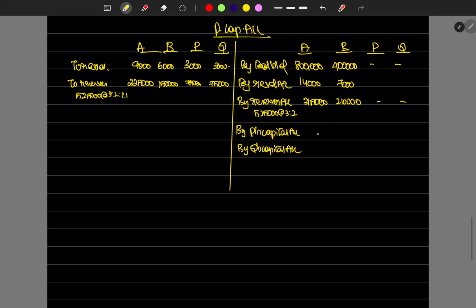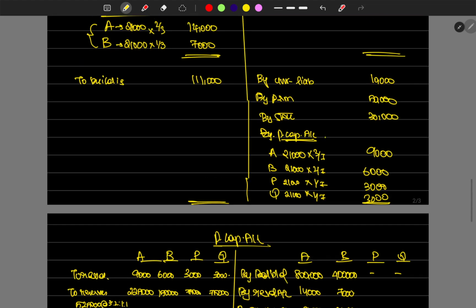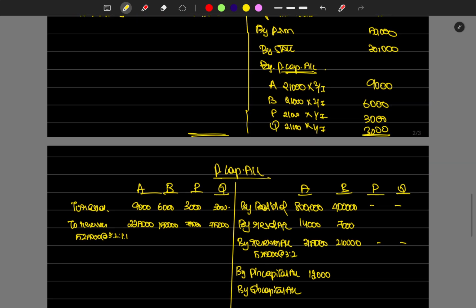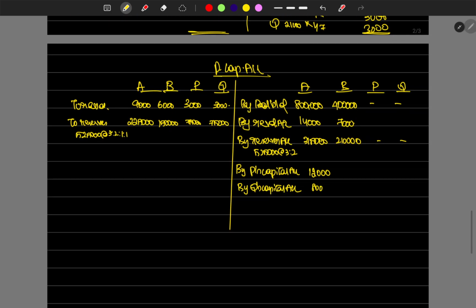Okay, P paid 12,000 to A. Then Q paid the balance 8,000 to A and the remaining 4,000 to B. Right, now to A's capital account, to B's capital account.